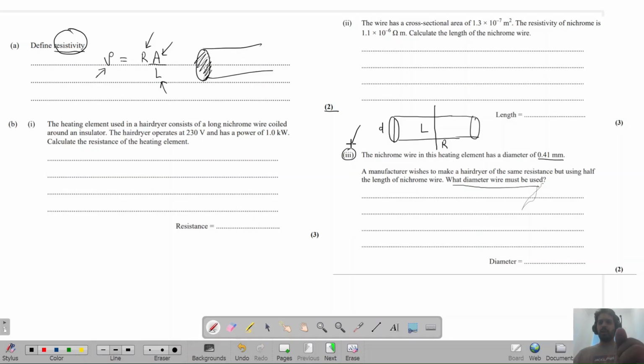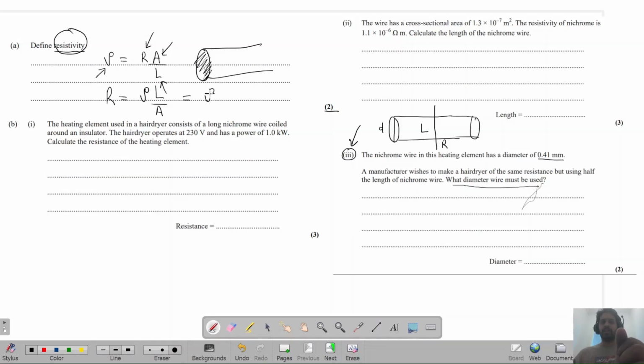Coming back to our question, now we have an equation which relates resistance, resistivity, area, and length. We want to rearrange this equation for resistance. So if I rearrange this for resistance, I will get R equals rho L divided by A. And also we are given diameter, not cross-sectional area, so I want to write this area in terms of diameter.